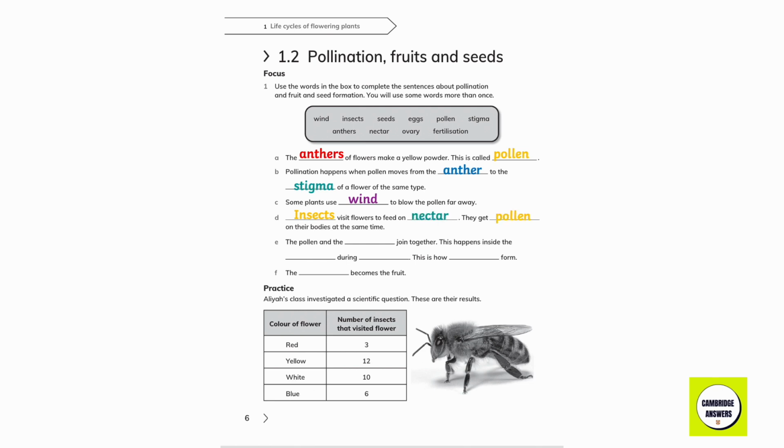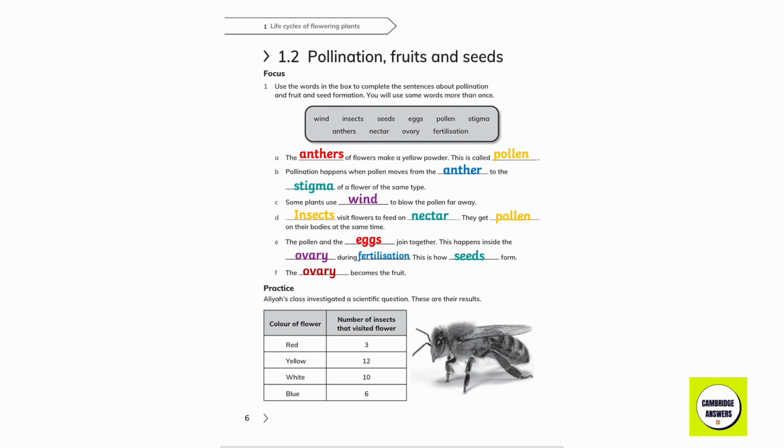They get pollen on their bodies at the same time. The pollen and the eggs join together. This happens inside the ovary during fertilization. This is how seeds form. The ovary becomes the fruit.